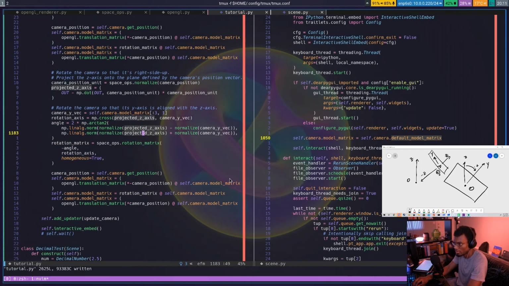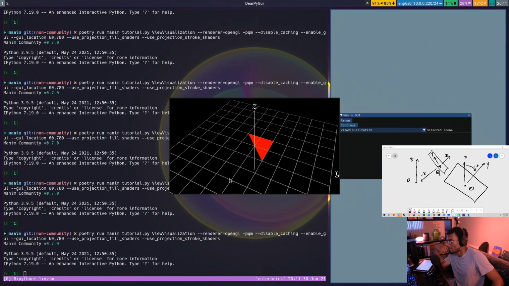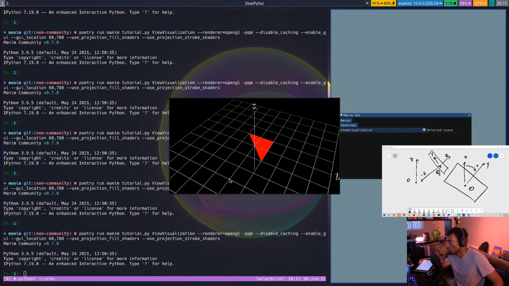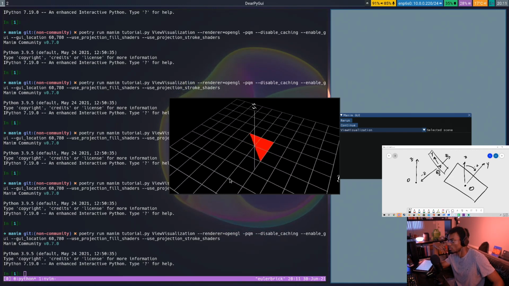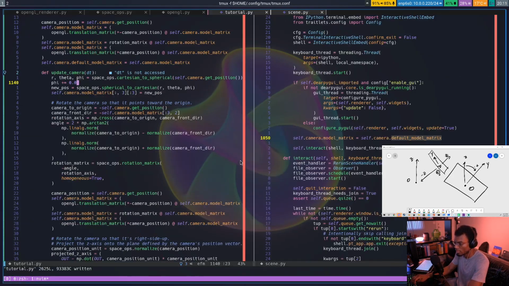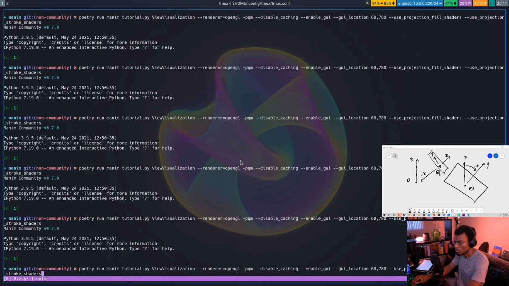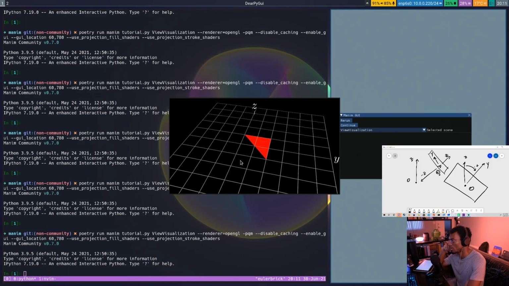Also, it's going way too fast. I don't get why that would happen. And it's still going too fast for ambient rotation. I think that's a little bit more ambient.